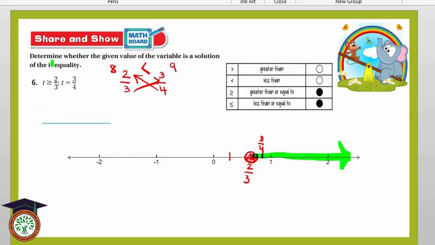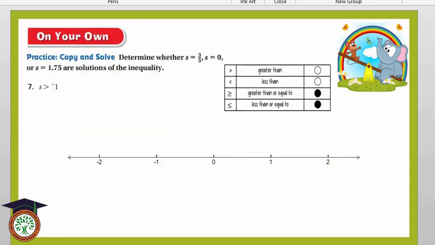Yes. So is it a solution or not a solution? It is a solution. So t equals 3/4 is a solution. Okay, you can go to the next question.